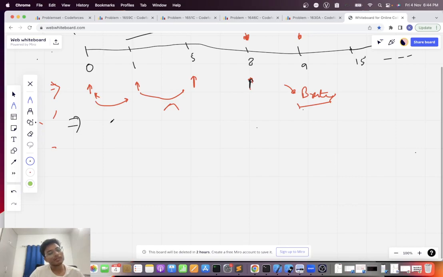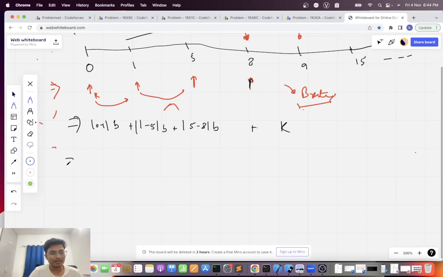The value for conquering is 0 minus 1, that is b, 0 minus 1 plus 1 minus 5, then 5 minus b, this is where we are taking the mod, and 5 minus 8 and b. This is the value of conquering all these from here to here, and some value k from here, where I'm conquering all the others.